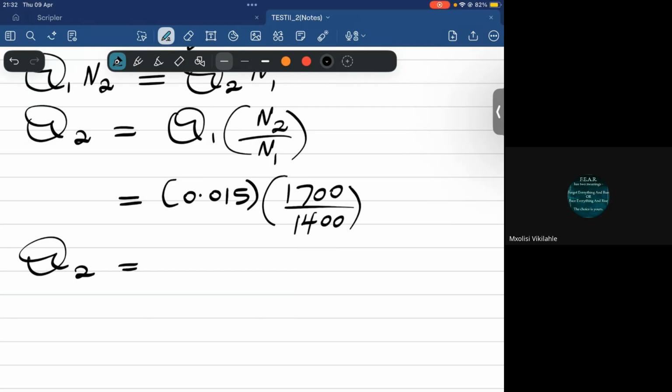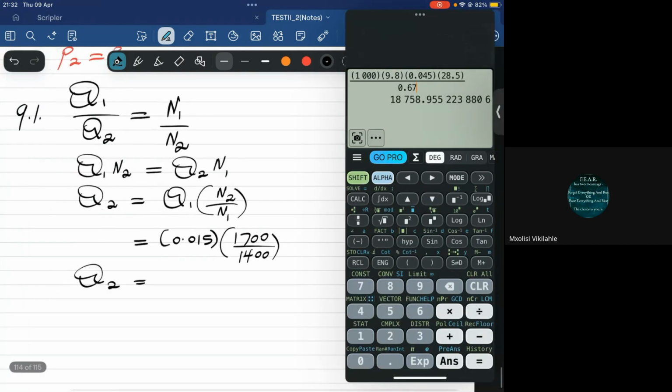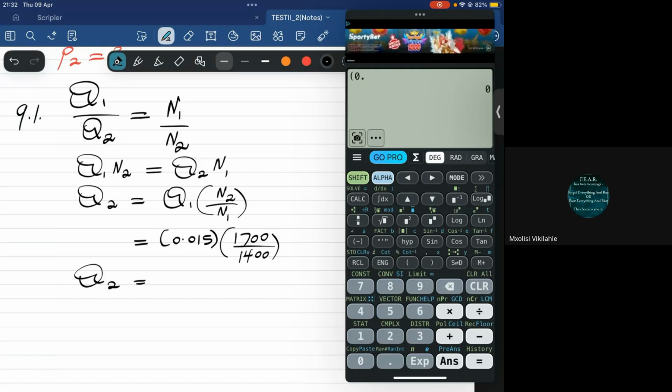Since the volumetric flow rate is directly proportional to the impeller speed, if you increase the speed, the volumetric flow rate will increase. So this is what we're going to prove now.